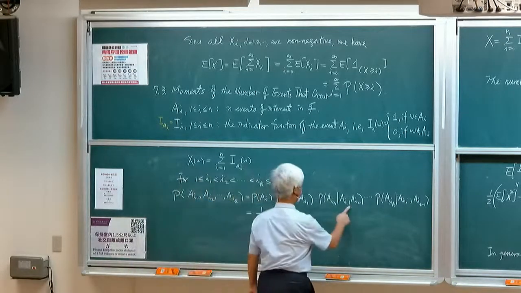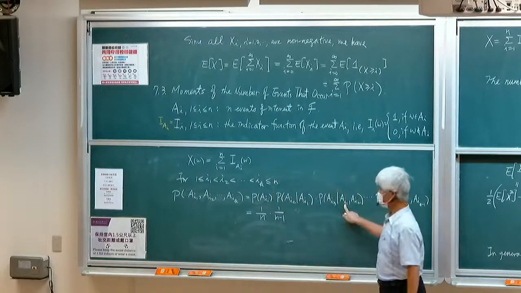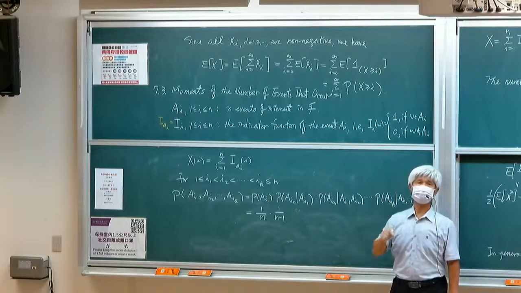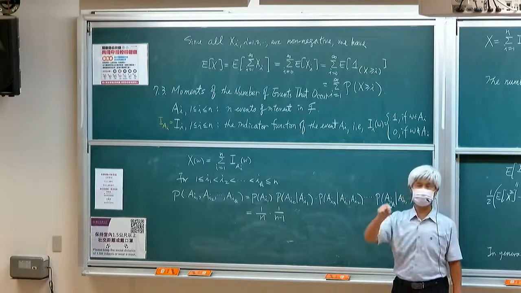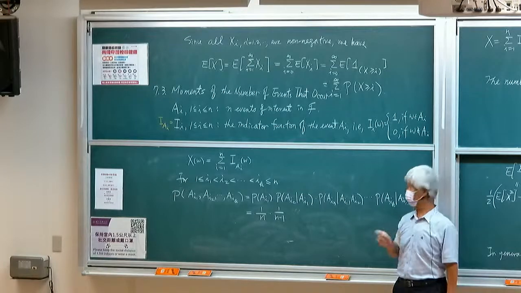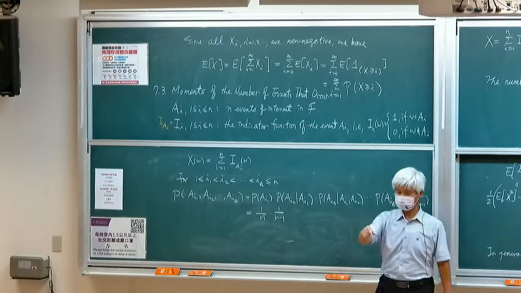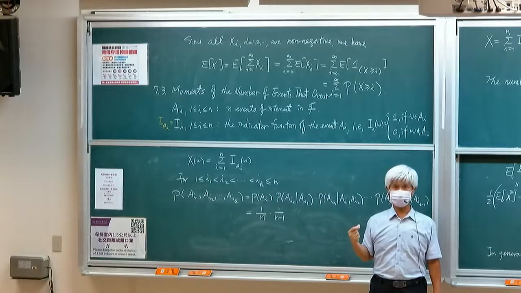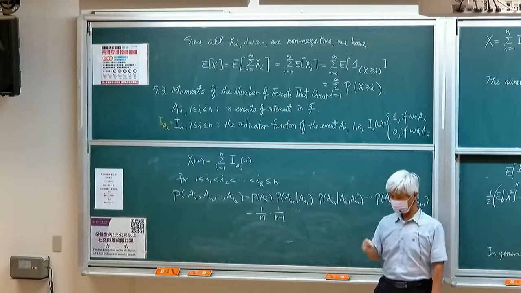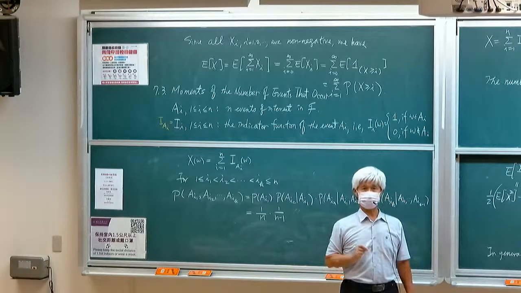Etc. For this one, person i1 selects his or her head correctly. Person i2 also picks up his or her head correctly. So now 2 heads have been selected, so there are only n minus 2 heads in the pool, and the third person comes.